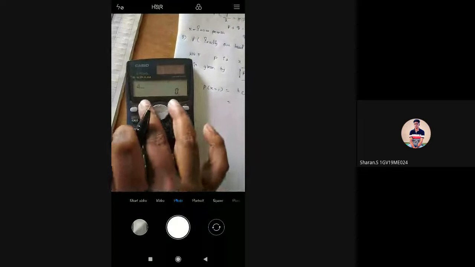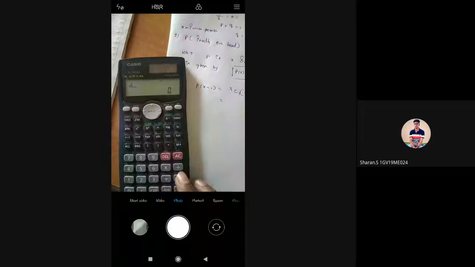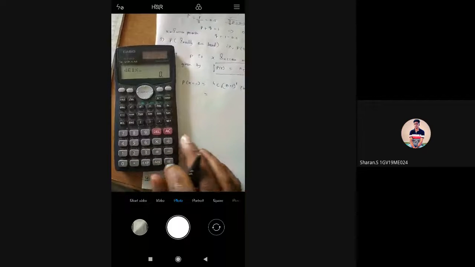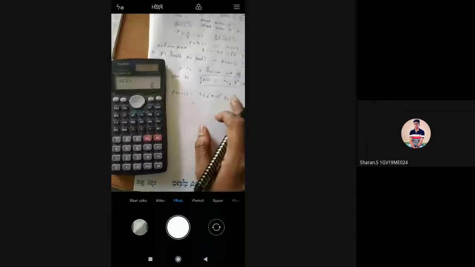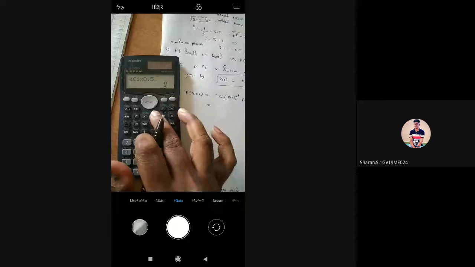Now, how will you simplify this step? That is important. See, 4C1, that is 4, shift division symbol, because for nCr we have the division symbol here. 1 is there, then plus, and then the multiplication sign we need to press, then 0.5 power 1, 0.5 power 3. The bases are the same, so the powers can be added, 1 plus 3 is 4, so 0.5 power 4 is equal to, what is the value? 0.25.